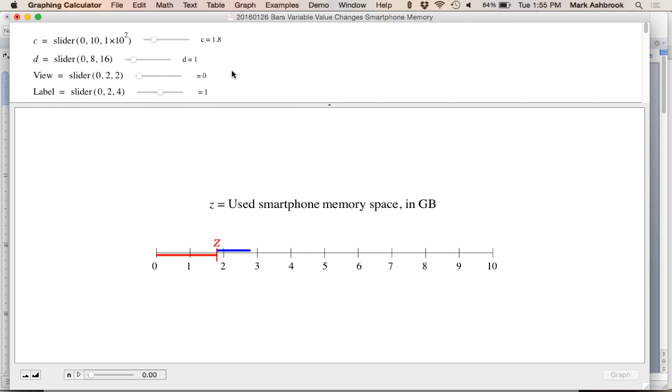Nothing extra, you know what I'm saying? Like when you buy the phone, it comes with stuff on it already that you can get rid of. But that's still part of it. Because then it would go past the 10 at some point, the blue. Which it shouldn't be able to because there's only 10 gigabytes in the phone. But isn't that still part of it? It should still be part of red though. Yeah, so that stuff would be part of the red.